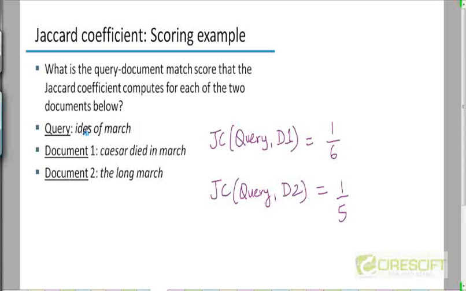So when we want to calculate the Jaccard coefficient between the query and D1, how many terms are common to the query and D1? Just one. In fact, that's also the case with the query and D2. March is the only term in the query that's present in document 1, and March is the only term in the query which is present in document 2.